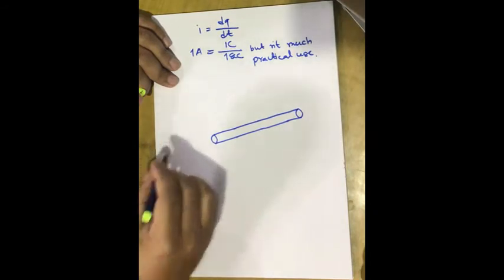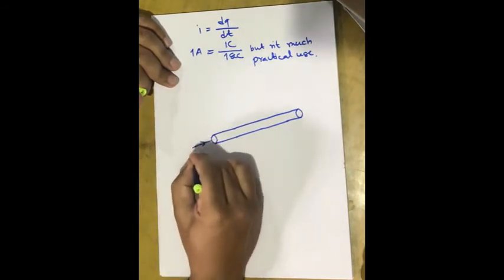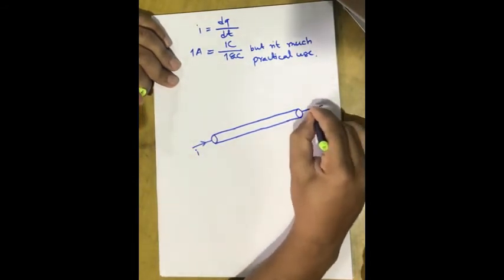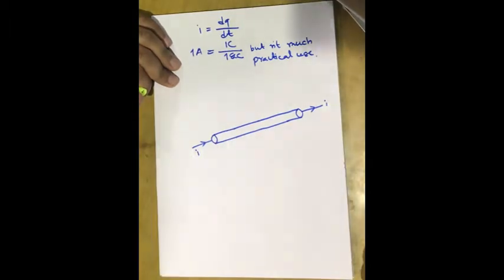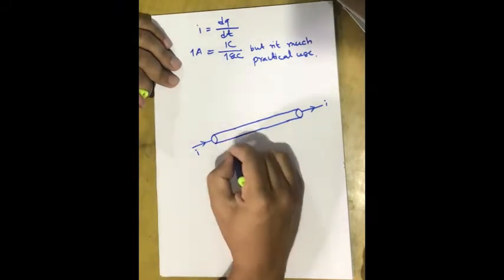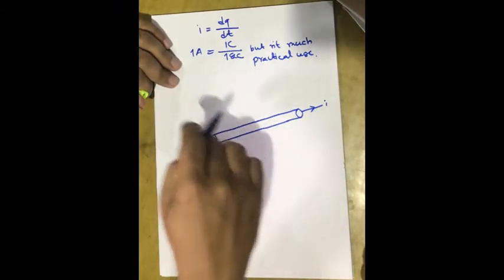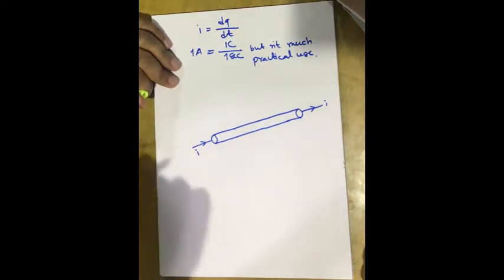The current is flowing through this wire along this direction. As I have already discussed, the magnetic lines of force around this wire will be like that. They will be symmetrically distributed in the form of a circle.